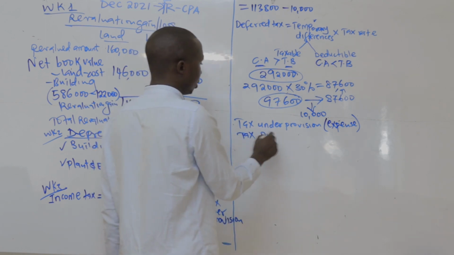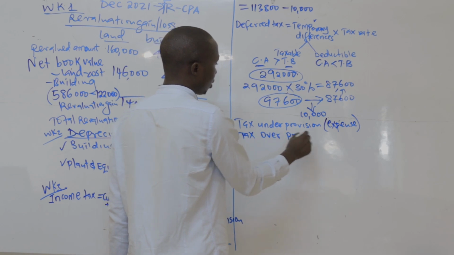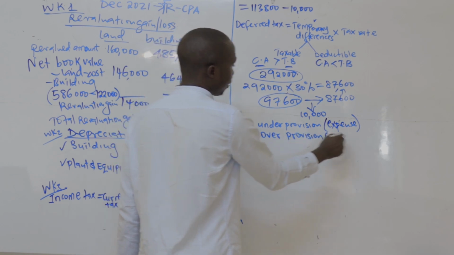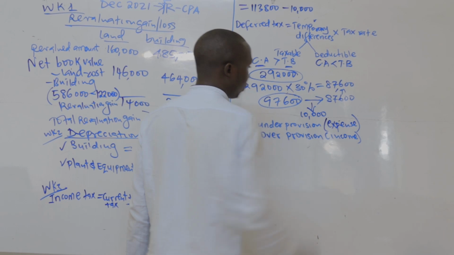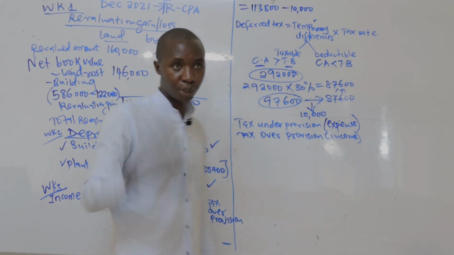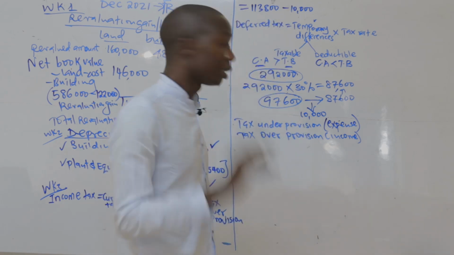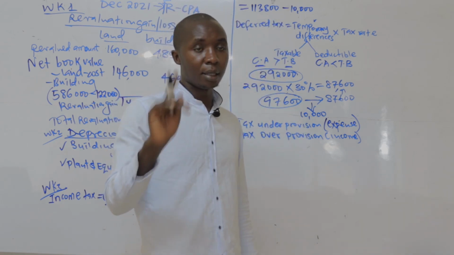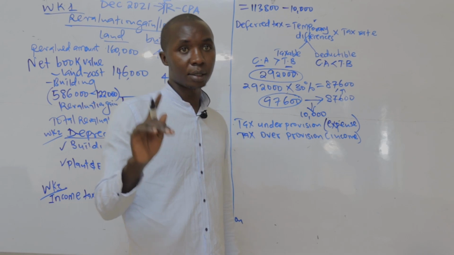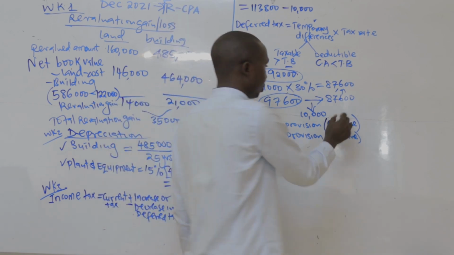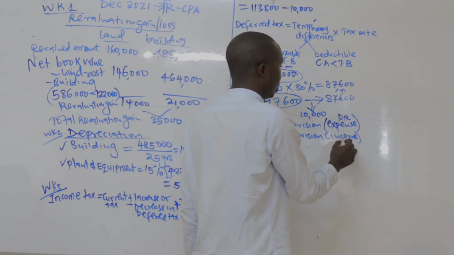Tax over provision is an income because you overprovided in the previous year, so your provision for tax in the present period would be less. You know that in the trial balance, an expense is debited and an income is credited.